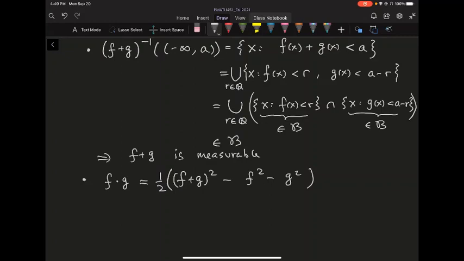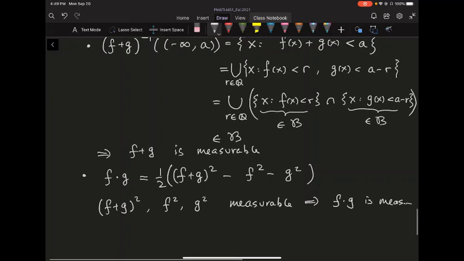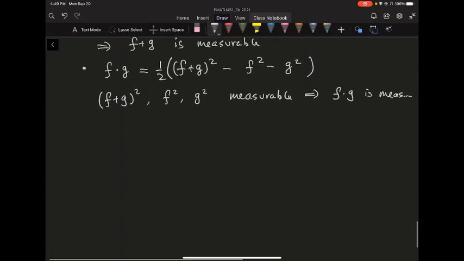We saw that f plus g is measurable, and you compose with a continuous function which takes the square. It's measurable, and similarly f squared and g squared are all measurable. So you take their linear combination, which gives you f times g, so f times g is measurable as well. This is slightly simpler than what Ken did in his note.